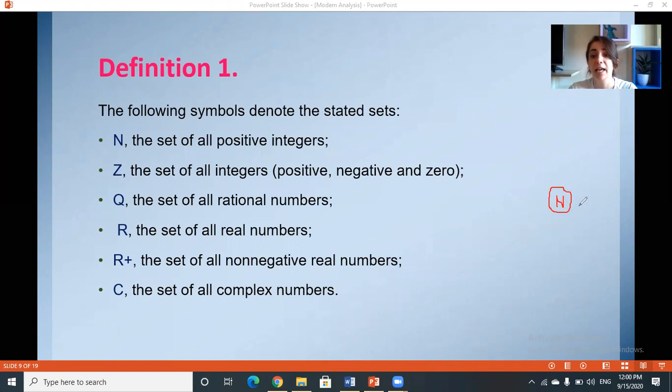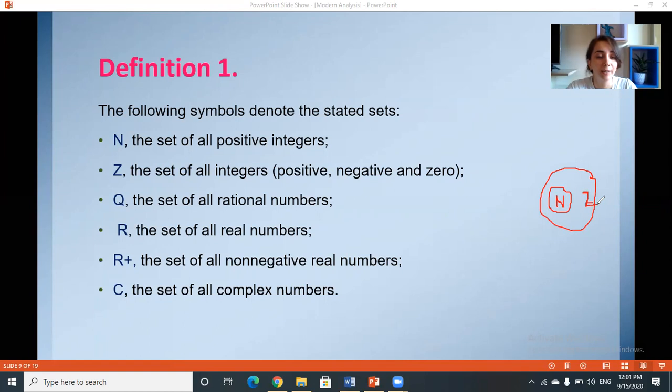It means that N, the set of positive integers, the natural number set, is included in Z. We can write it like that, okay? This is Z, and you see N is included in Z. Okay, let it be like that.